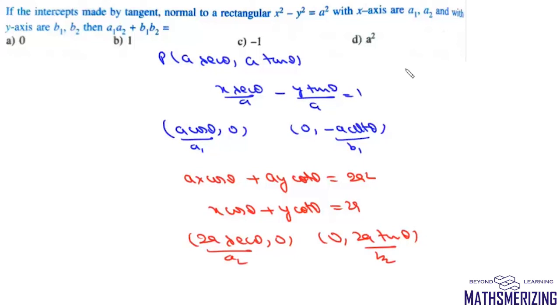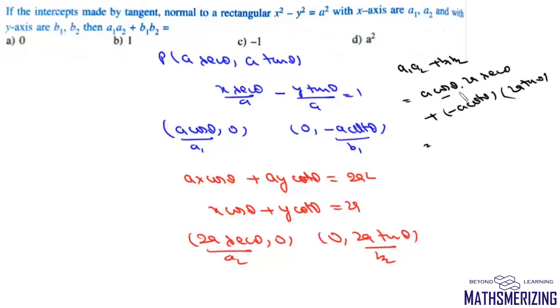Now we need to find A1 A2 plus B1 B2. A1 A2 is a cos theta into 2a secant theta, plus B1 B2, where B1 is minus a cot theta and B2 is 2a tan theta. Now cos theta secant theta is 1, so it will be 2a square, and here also cot theta tan theta is 1, so it will be minus 2a square. So this is 0. So the value of A1 A2 plus B1 B2 is 0, and that's your option number A.